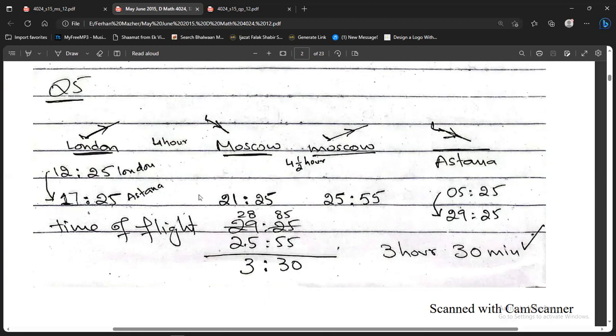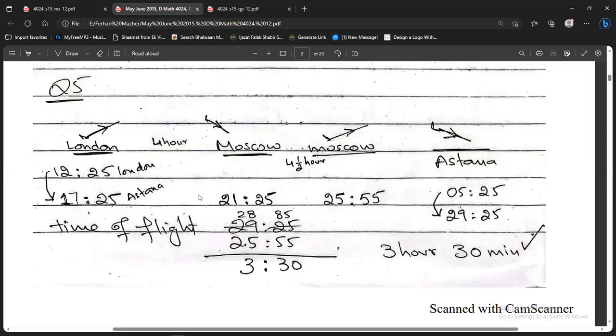Then she waited in Moscow for 4 hours and 30 minutes, 4 whole 1 by 2 hours. So it means to 21:25 you will add 4 hours and 30 minutes. So that will be 25:55. Then the flight from Moscow flies and lands in Astana.